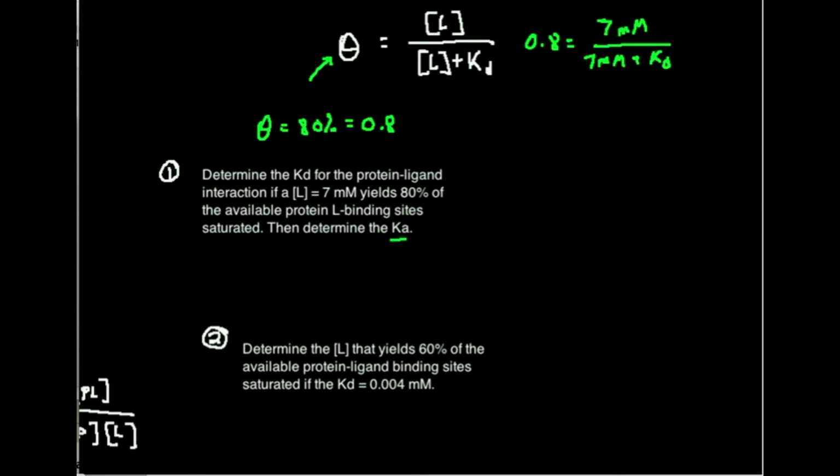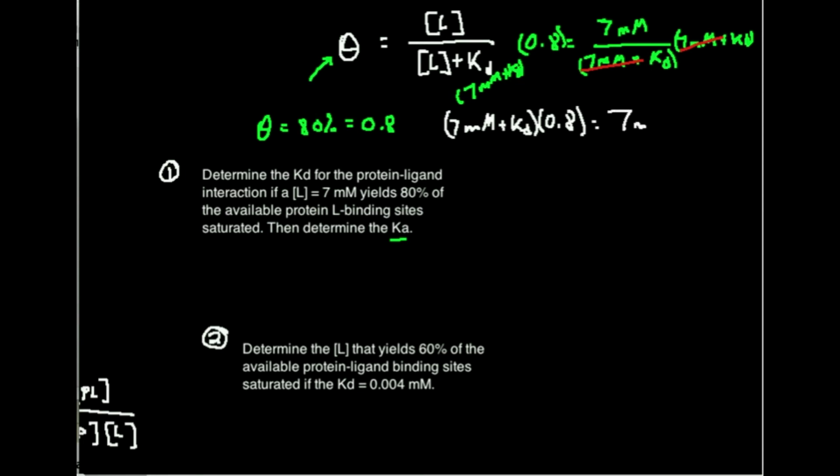Now I'm going to take this expression and multiply both sides by 7 millimolar plus KD to get it out of the denominator. It's a little messy, but hopefully what you'll see is I'll be left with 7 millimolar plus KD times 0.8 is equal to 7 millimolar.